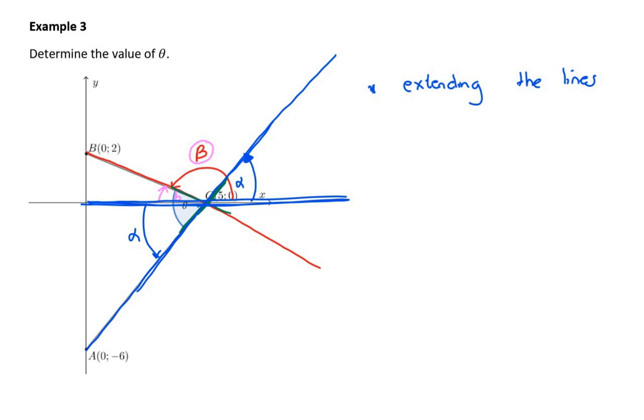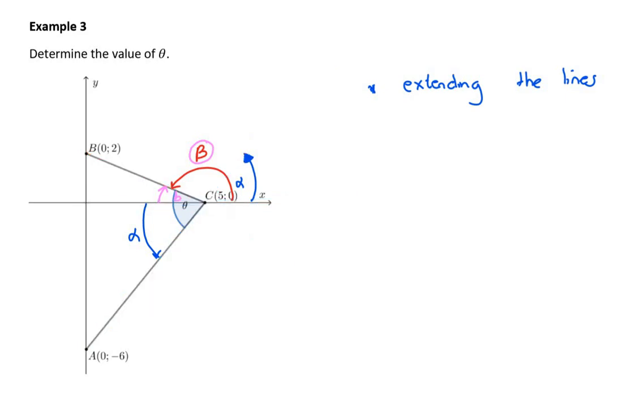So definitely quite a tricky example, but I think it might be a good idea for us to find alpha and do vertically. Oh, that was not meant to happen. Oh, not very helpful at all. So let me redraw that in. There's no undo button, unfortunately. Although maybe this makes it look a bit neater. So there's alpha. I'm arguing that this is also alpha. Those two are vertically opposite angles.